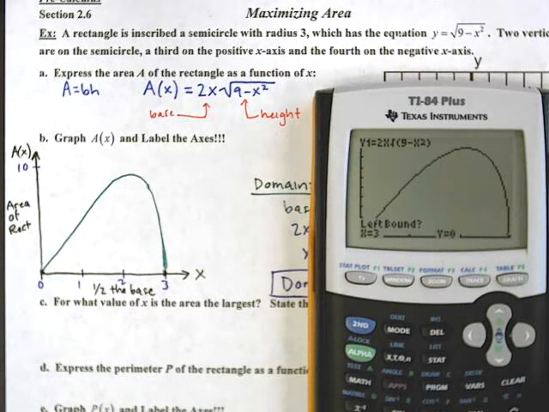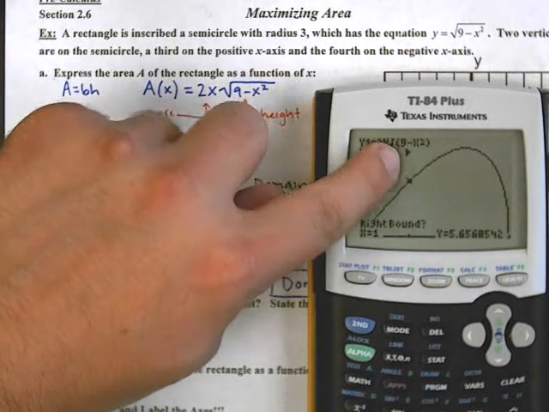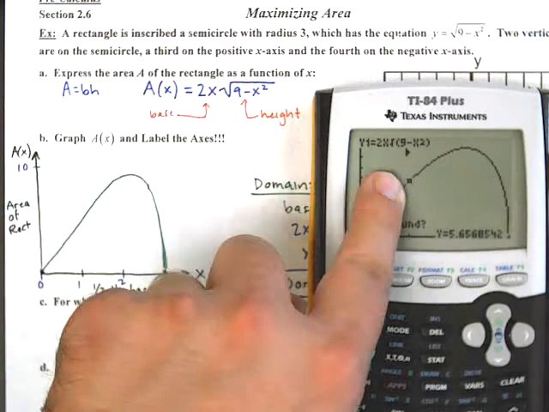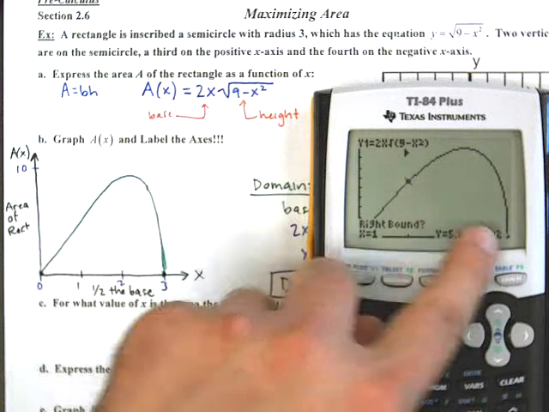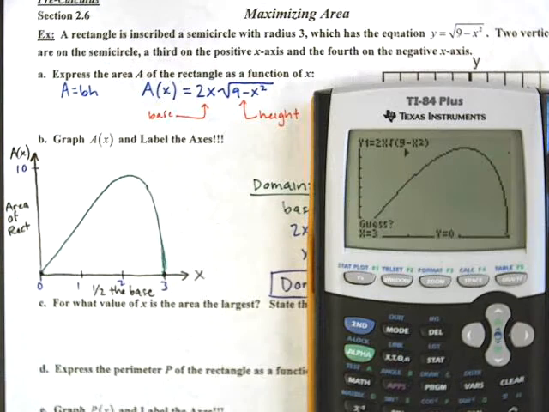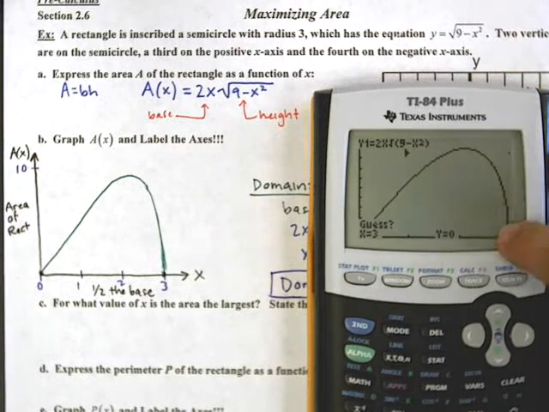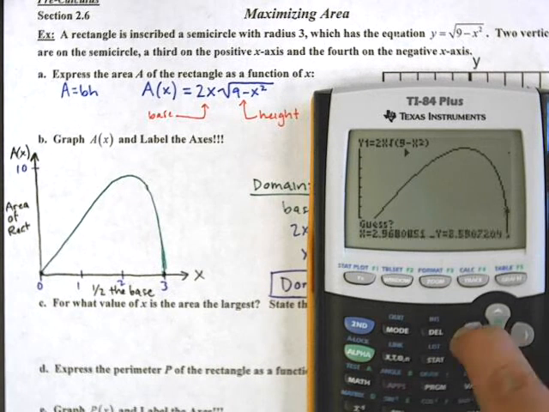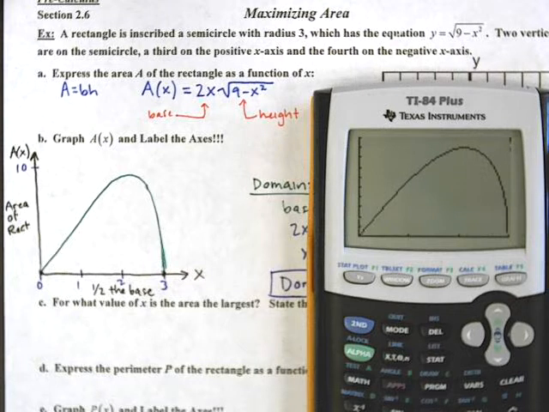I know that 1 is about here, so I'm just going to hit 1 enter, and look, it got me my left bound. Now right bound, I'm just going to go all the way to the end. I know it's going to be before 3.